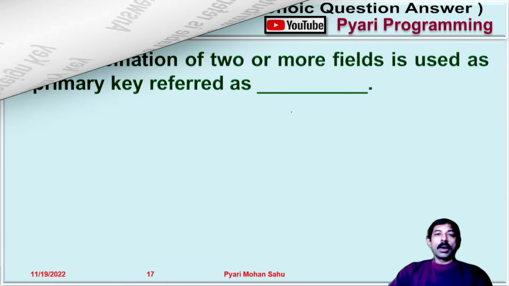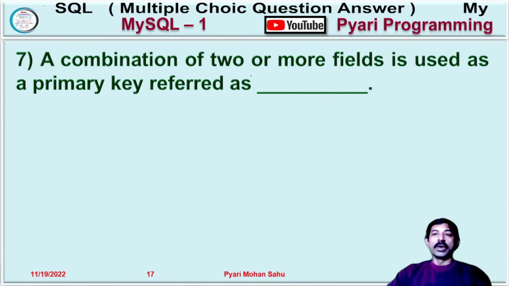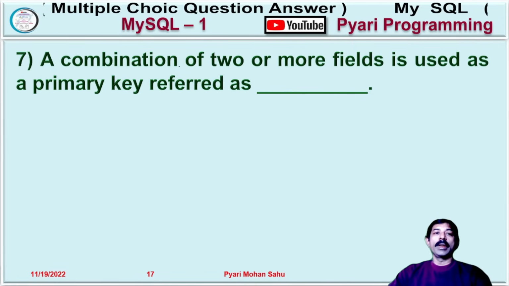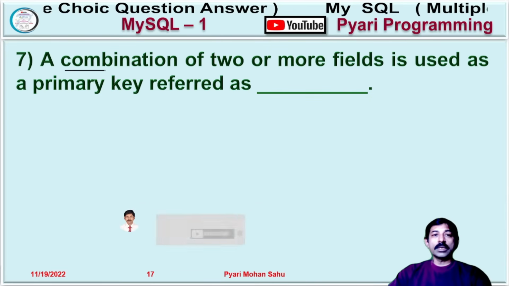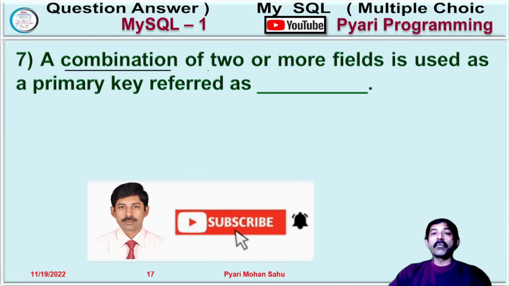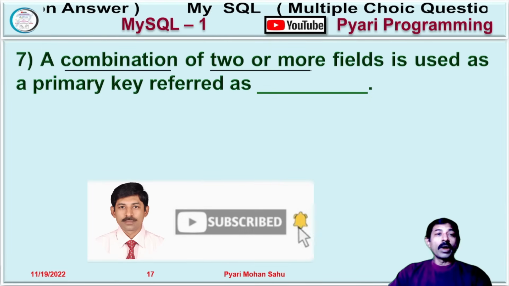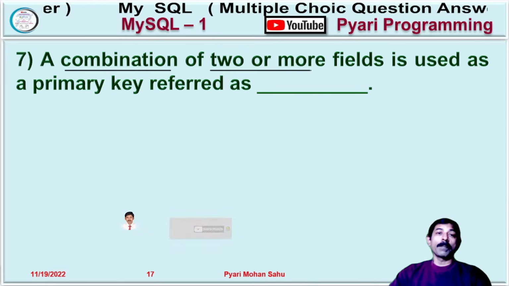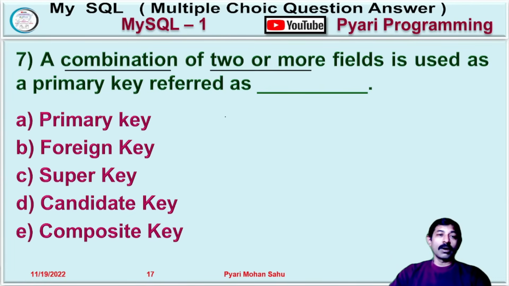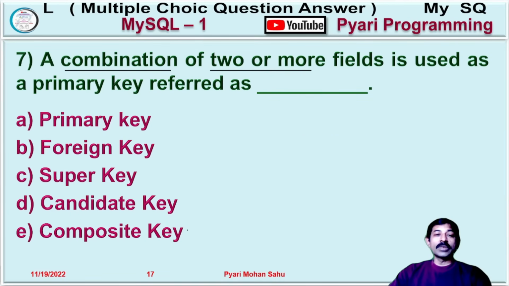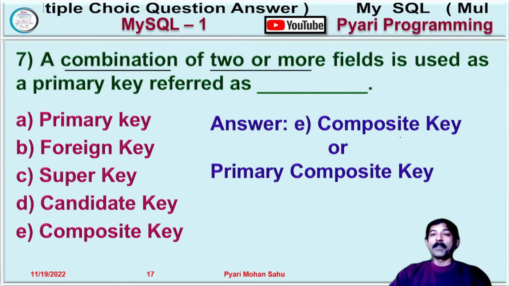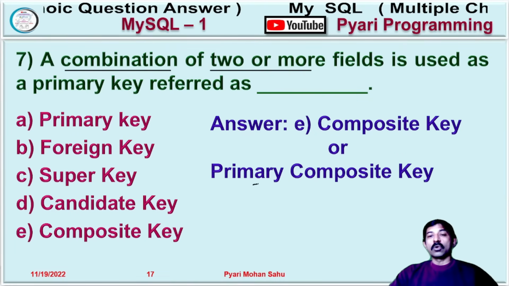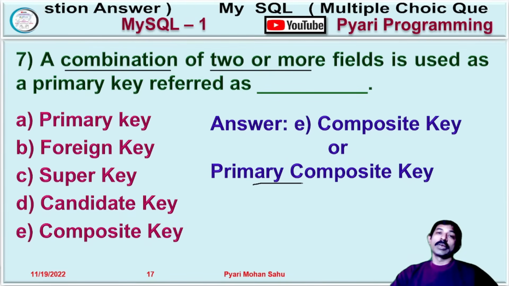A combination of two or more fields is used as a primary key. Now here the key term is combination of two or more fields. When I am combining two fields for a primary key, what is it called? Yes, it is composite key, or it is also known as primary composite key.